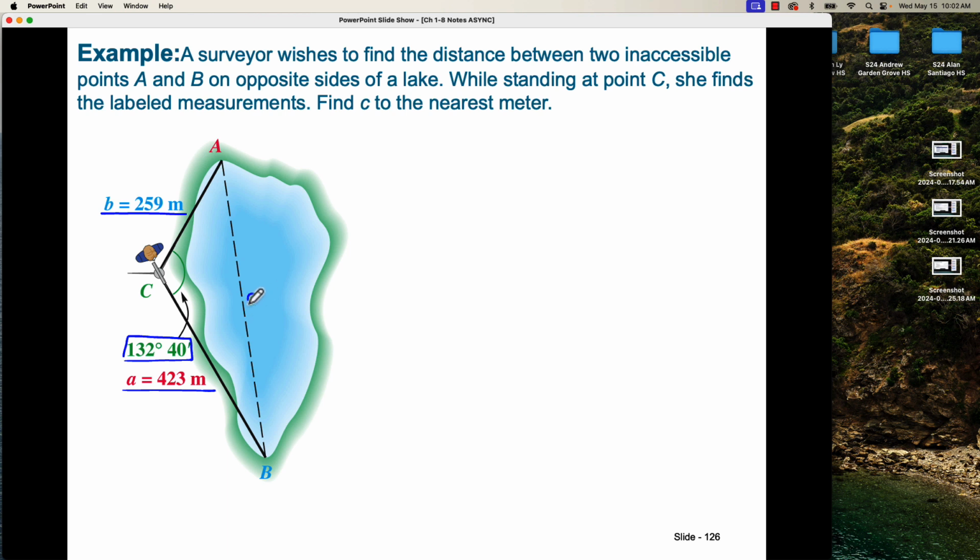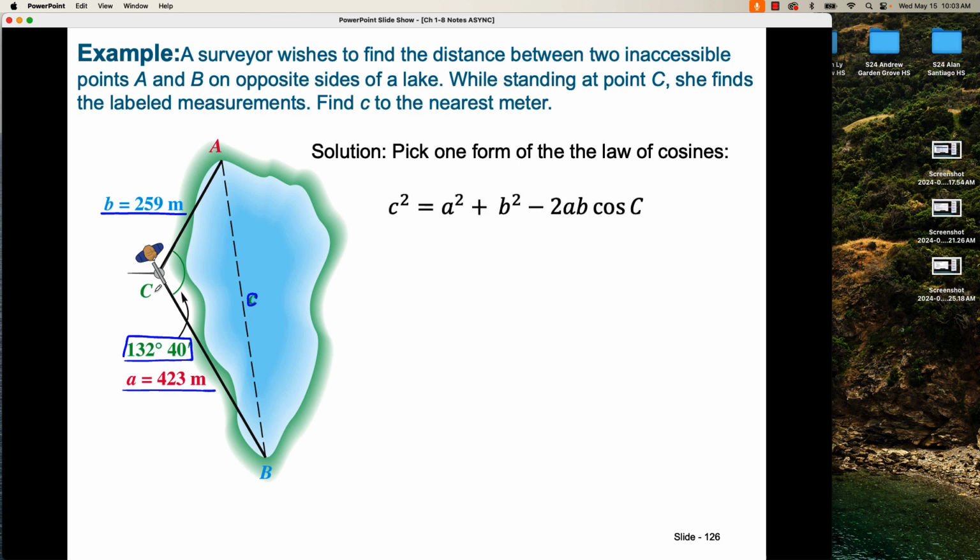Okay, we are asked to find lowercase c. So strategically, we want to pick an equation that includes lowercase c, most definitely, and ideally it would only include lowercase b, lowercase a, and capital C as the other variables. We're going to pick one from the law of cosines, and there is one that has lowercase c, which is required because that's what we are being asked to find, and the only other variables are little a, little b, and capital C. So this is perfect.